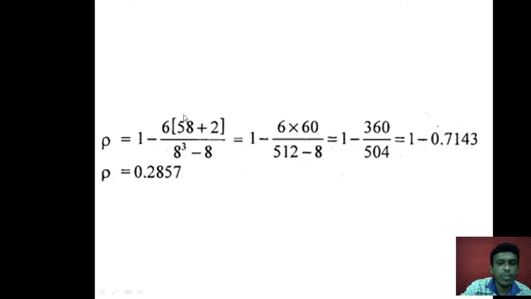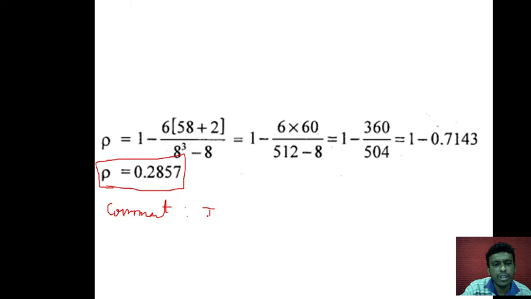Now what is the comment that you are gonna get here? Comment. So comment is, because you are getting this a positive value, it shows positive correlation, but weak positive correlation because it is lesser than 0.3.